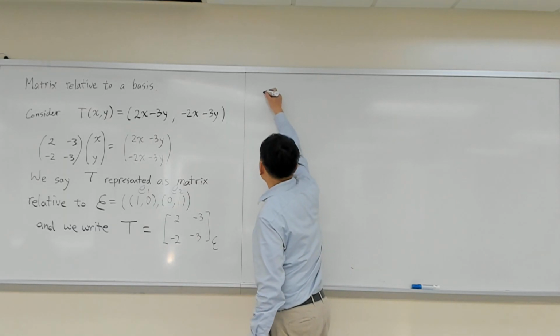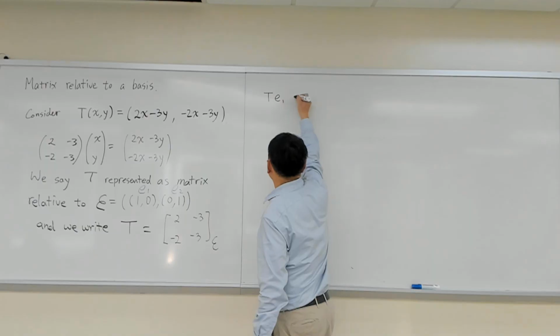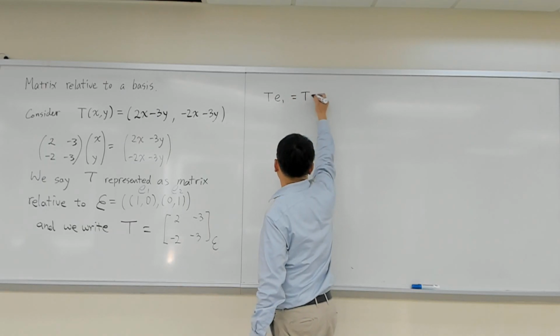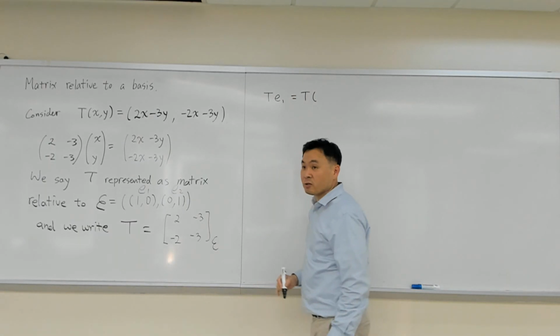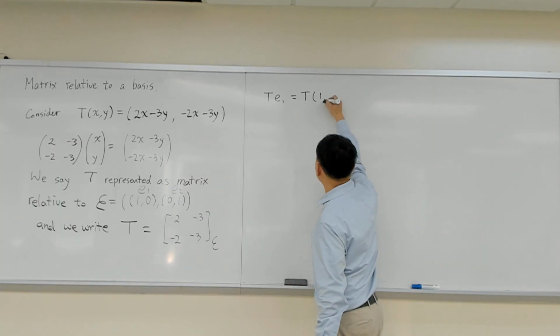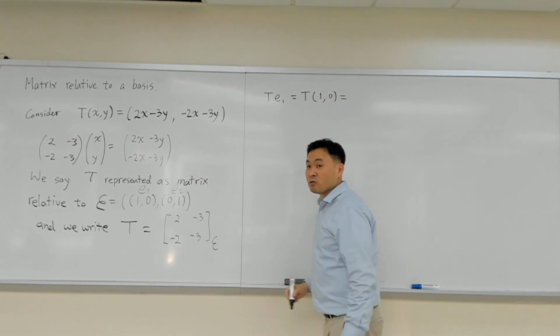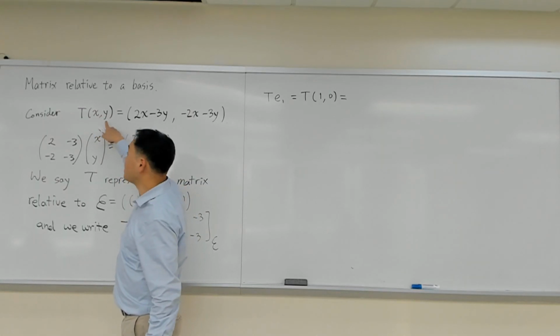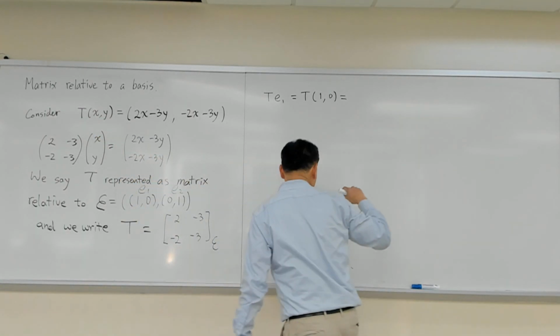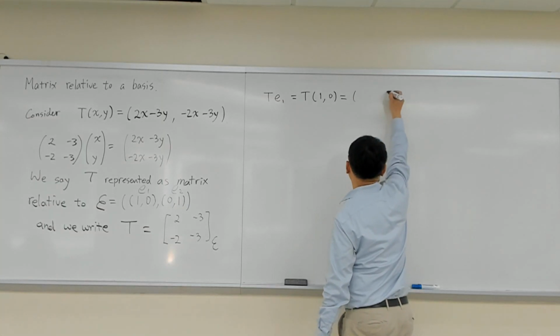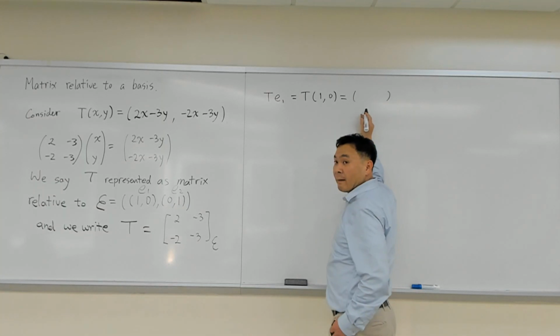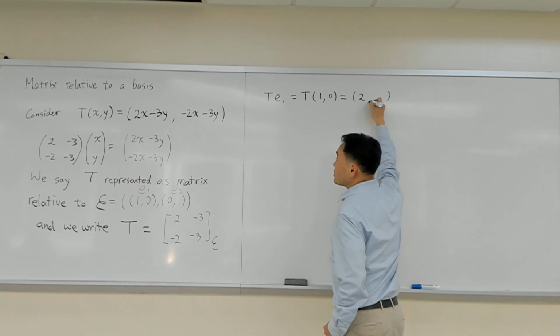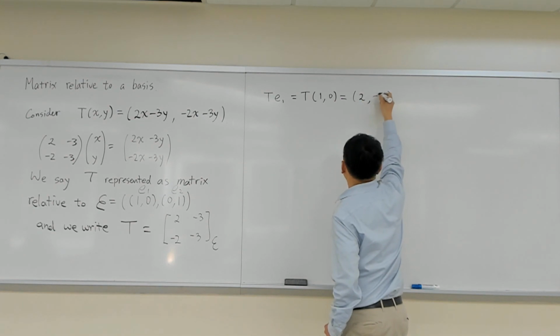So, what is T applied to E1? Okay, what is E1? E1 is 1, 0, which means 1 goes into x and 0 goes into y, right? So what do we get if we calculate that? 2, comma, negative 2, right?